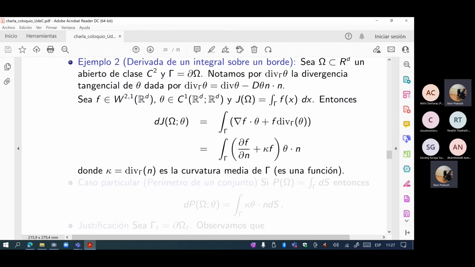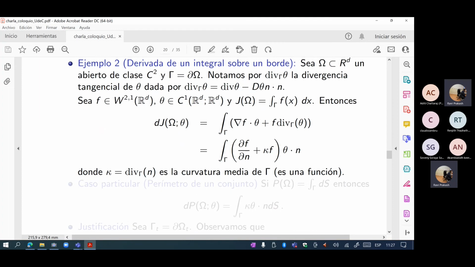Yeah. So imagine f is the constant 1, then you have the boundary of the domain. Gamma is the boundary, which now I write by gamma, or you can write delta omega. And so the gradient of the constant function 1 is 0. So this disappears, and you have the tangential divergence of the vector field.